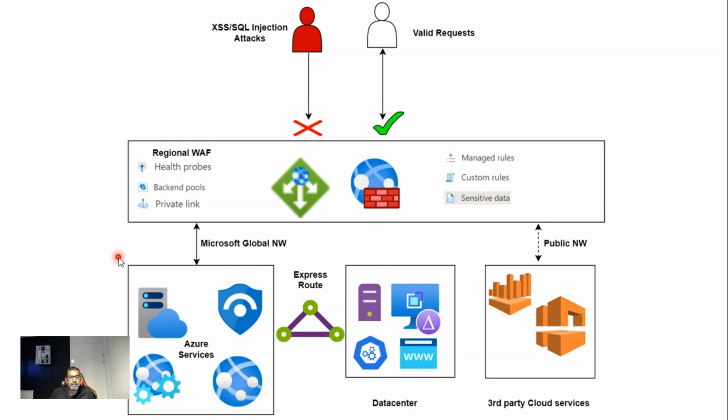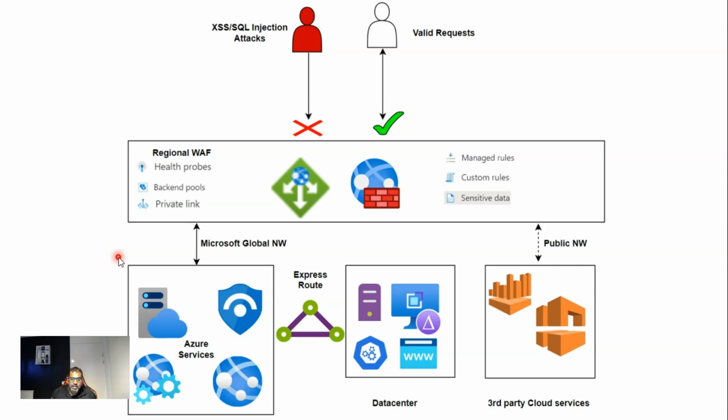If you have a site-to-site VPN or a public IP or FQDN which is available on the internet, you can protect that behind the web application firewall. So with the WAF, you would be able to protect the backend pools, no matter if it is running in Azure, if it is running in a data center, or even in a public network.